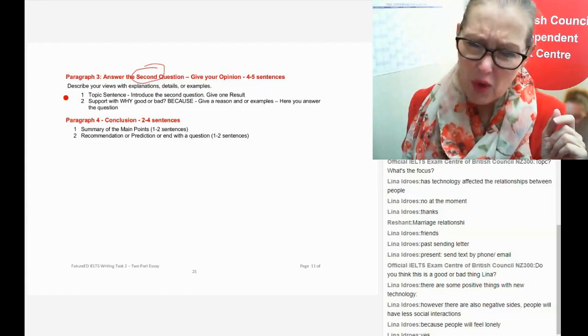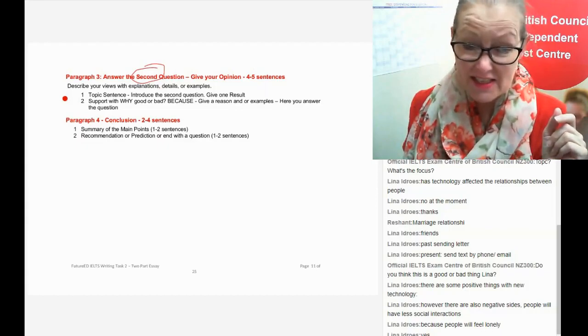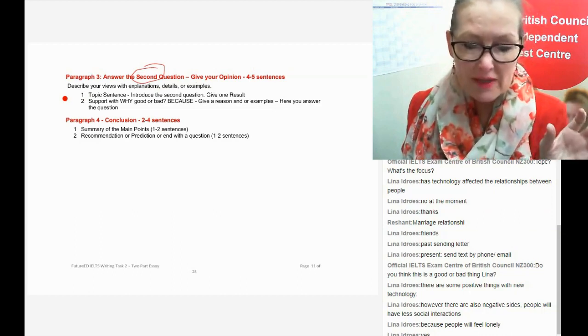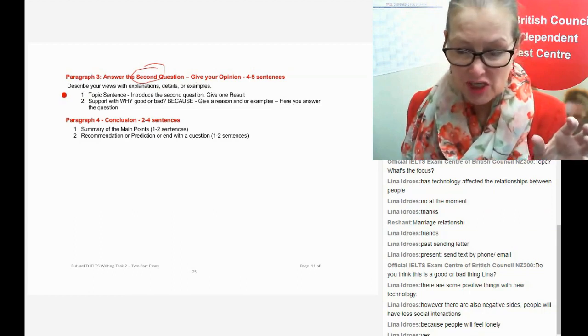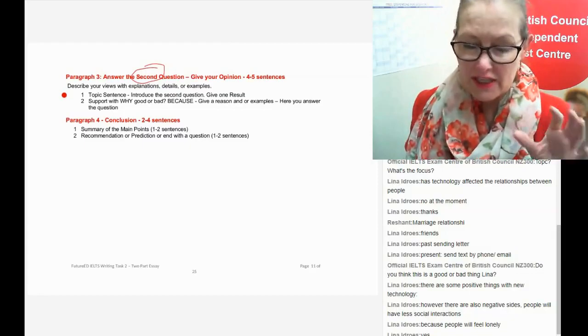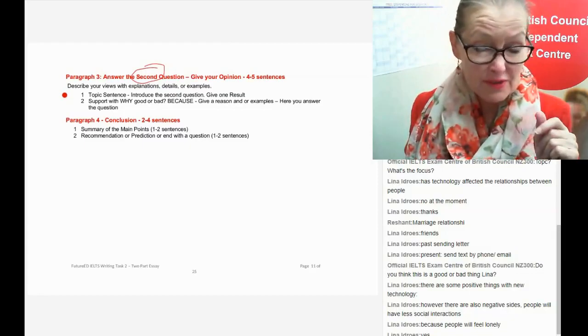Now I've put here possibly add a second main idea, and in a much briefer way, how things have changed and the result. I tried to do that and I ended up with way too many words.